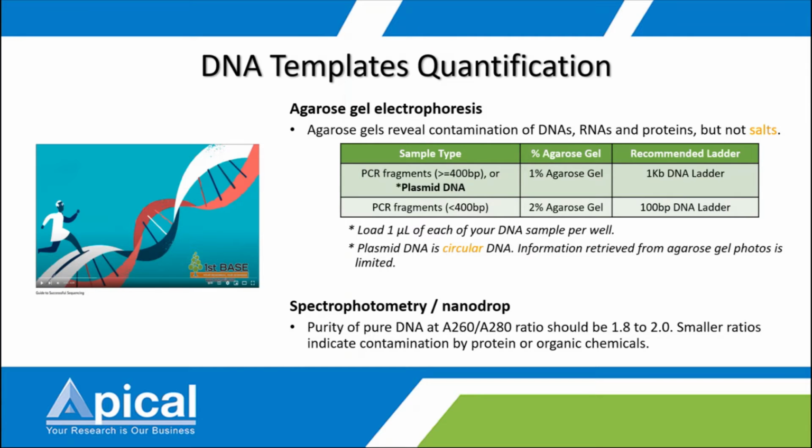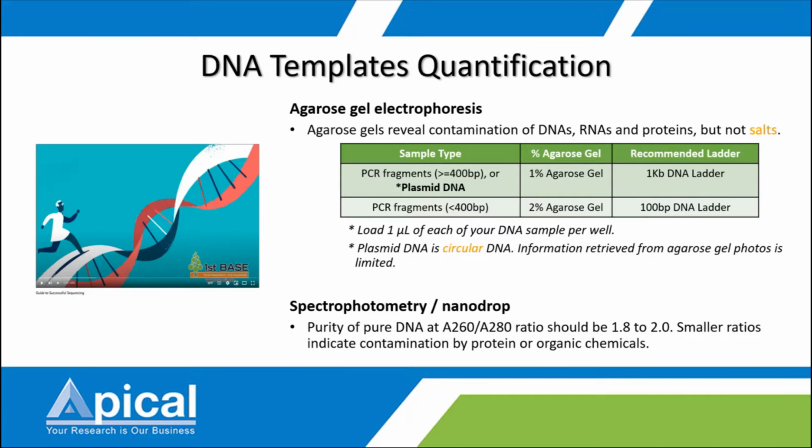While agarose gel uses a DNA stain, which is more specific to detect DNA rather than other things inside your sample. So it will give you a more accurate result.